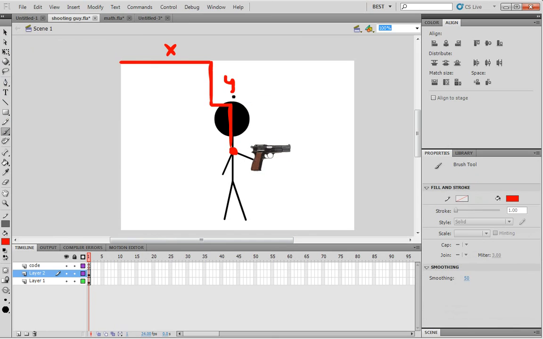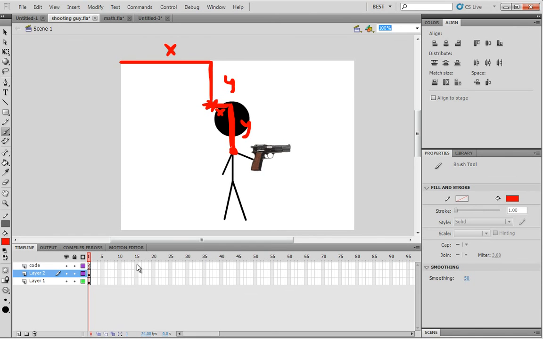The first x and y are the coordinates of the stickman itself, and then we have to add the x and y of the gun inside the stickman.